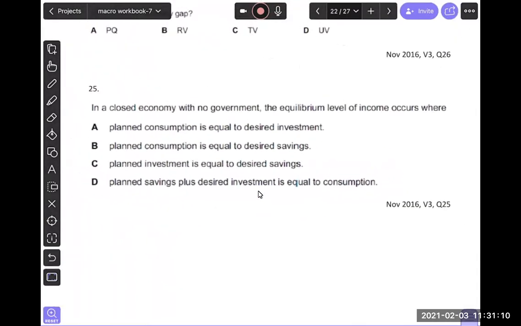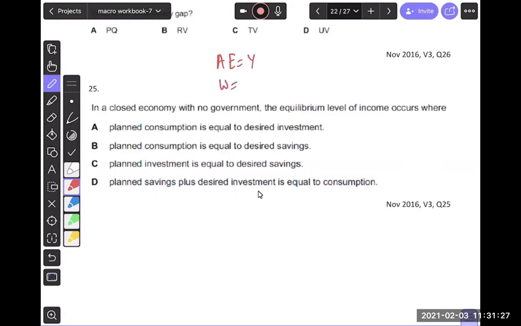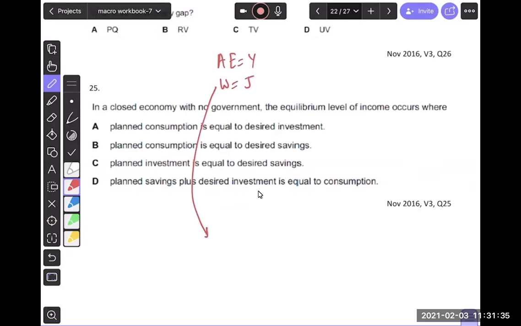In a closed economy with no government, which means two sector, the equilibrium level of income occurs where? At equilibrium, AE is equal to Y and W is equal to J. In a two sector model, what is the W and what is the J? What is the only withdrawal happening right now?